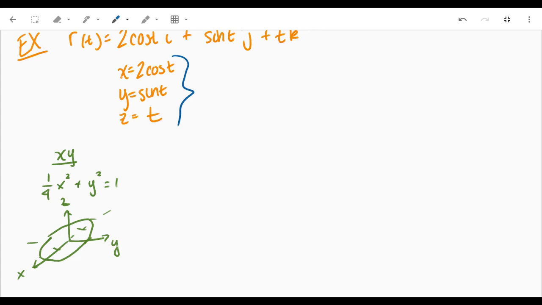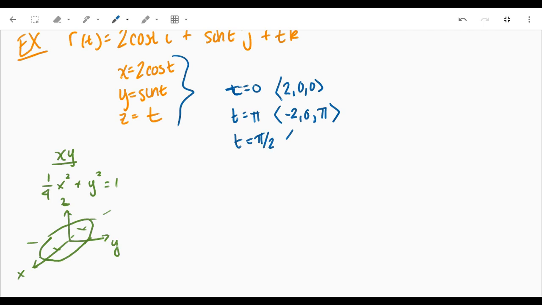If t is 0, think about what point you're going to have. Okay, so if t is 0, we have the point 2, 0, 0, right? And pick good values of t. Like you're not going to plug in 1, right? You're going to plug in pi. You're going to have negative 2, 0, pi. If t is, maybe we want to do pi over 2 instead.